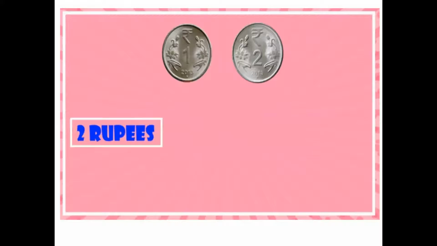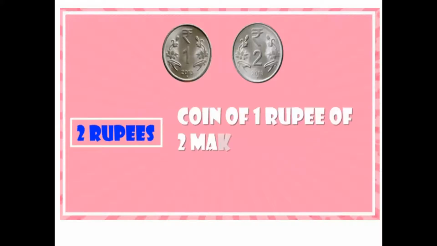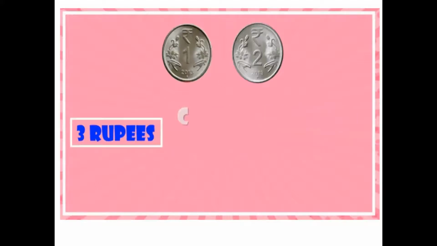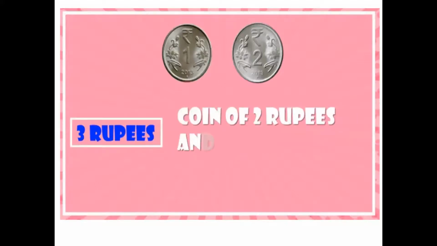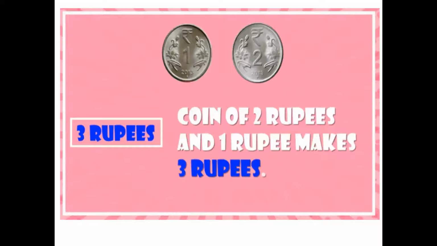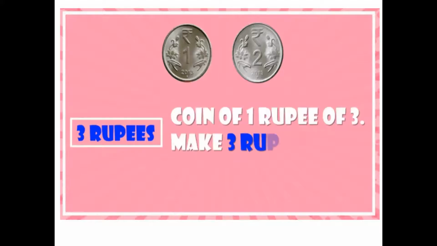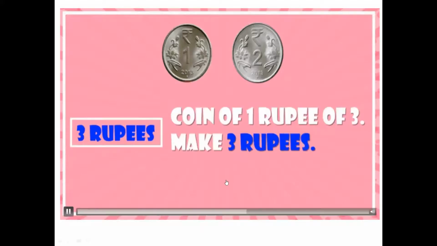When we have 2 rupees, it will be a coin of 2 rupees. If we have 2 coins of 1 rupee, then it will be 2. 3 rupees, when you have a 2 rupees coin and a 1 rupee coin. Or we can make 3 rupees when we have 3 coins of 1 rupee.